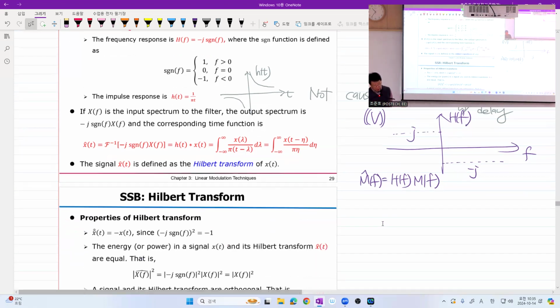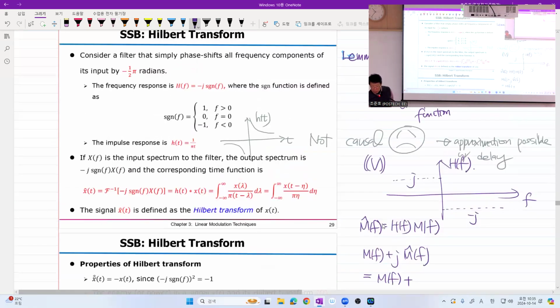But here goes something interesting. Think about this one: M of f plus j times m hat of f. By the way, for this one, many people write it this way. The Hilbert transfer function is 1 over j times signum of f.